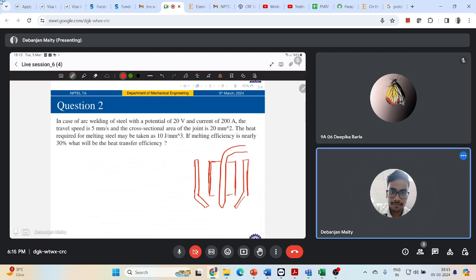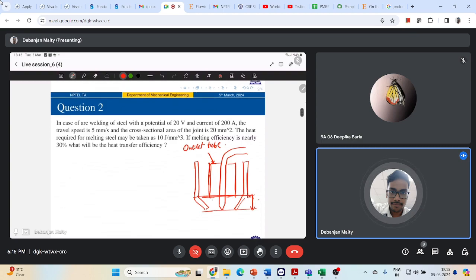From this end to this end, the part of the electrode outside of your outlet tube, through which the electrode is passing, is called the extension length. Depending on this length, you can change your resistance also.